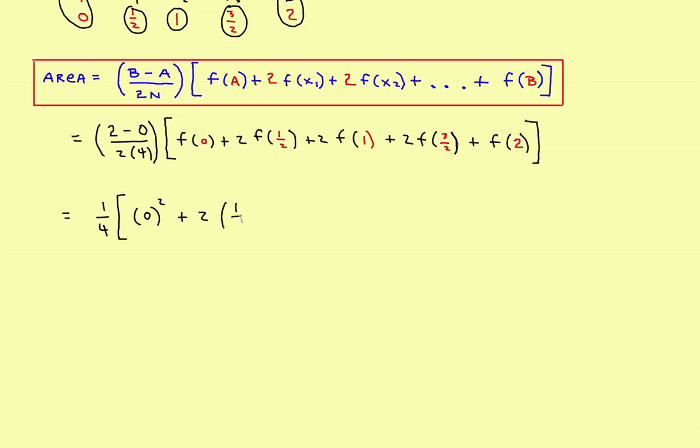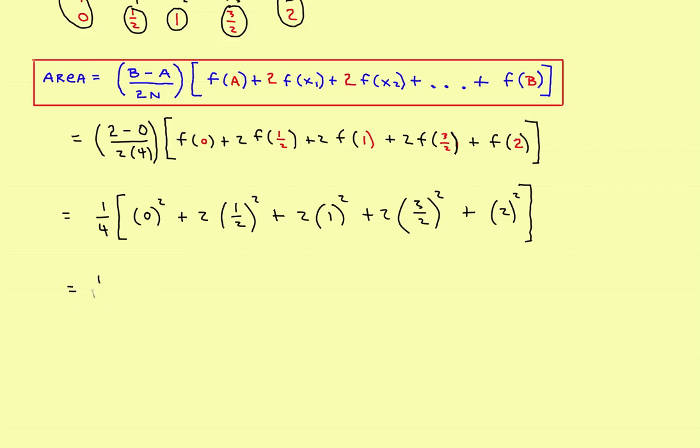So this would be 1/2 squared plus twice, plug a 1 into x squared, plus twice, plug a 3/2 into x squared, and then finally, plus just plug a 2 into x squared, which would give you 2 squared. So take each point and plug it into x squared.